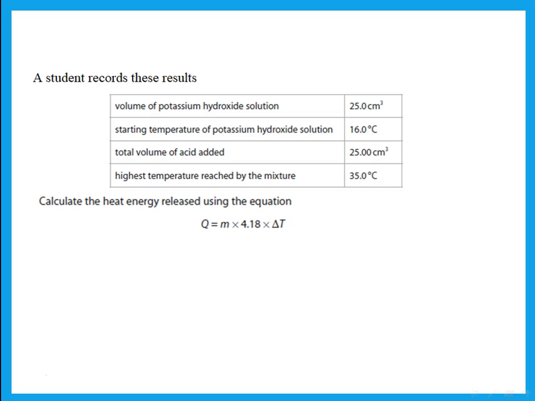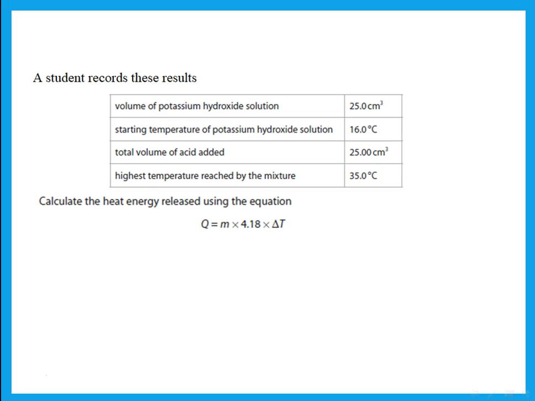This is another example where he says he did titration. He put 25 centimeter cubed of potassium hydroxide. The starting temperature was this. And then he added 25 centimeter cubed of acid, and he got a higher temperature, 35 degrees Celsius.